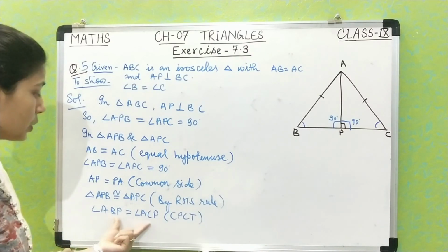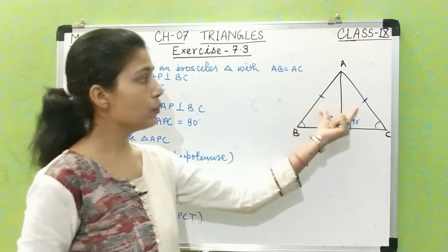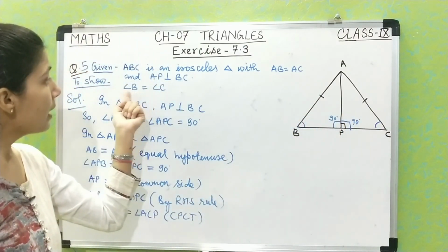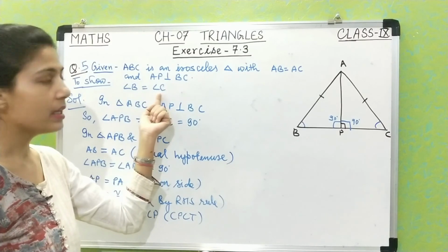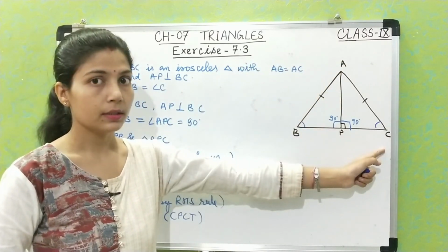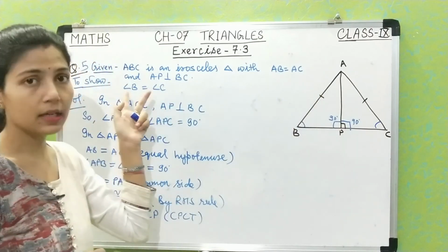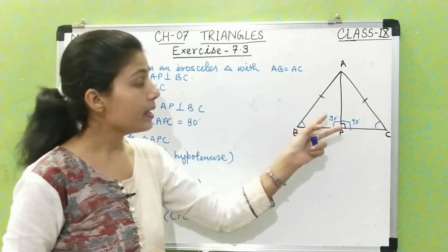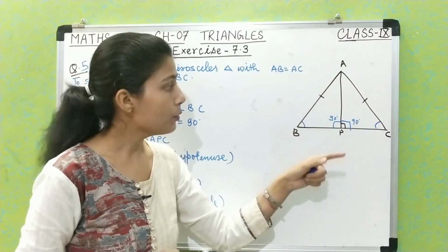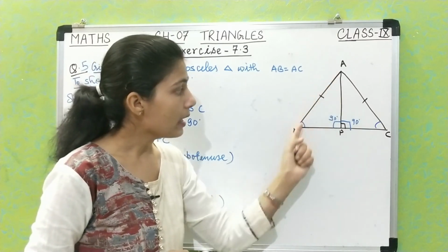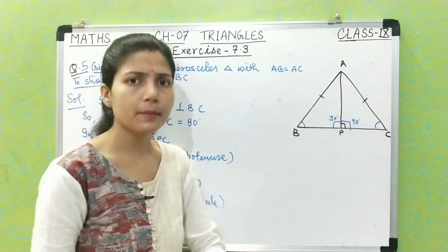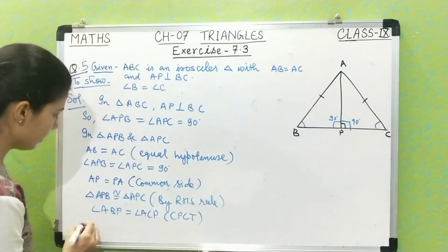Now, since these two angles are the part of these two triangles, right? But we have to show angle B equals to angle C, means here we are considering this triangle ABC, of which these two angles are the parts. Okay, so here if we take ABP, so we have to write this ABP as angle ABC, because angle ABP and ABC are of same measurement, so we can replace it.